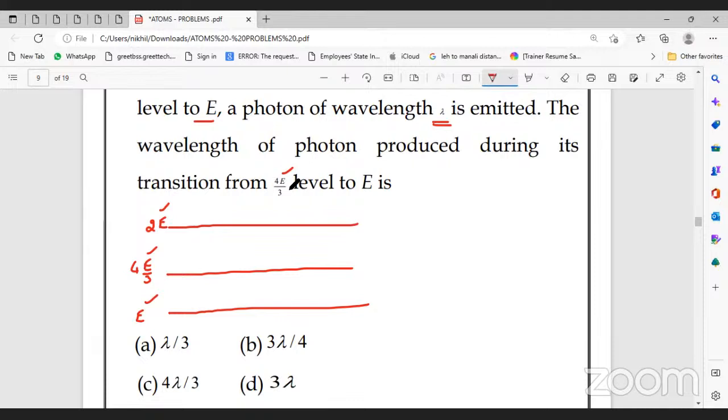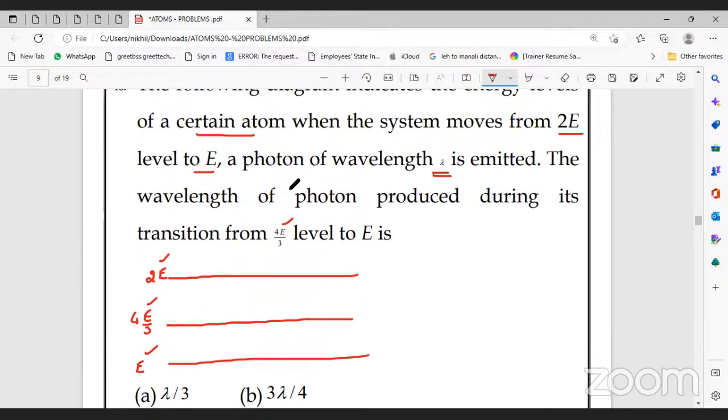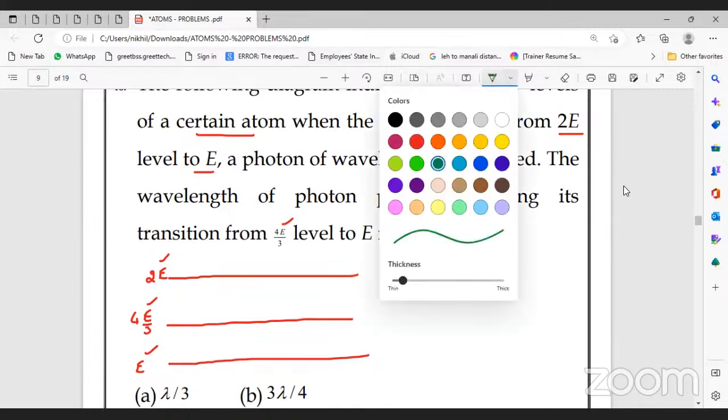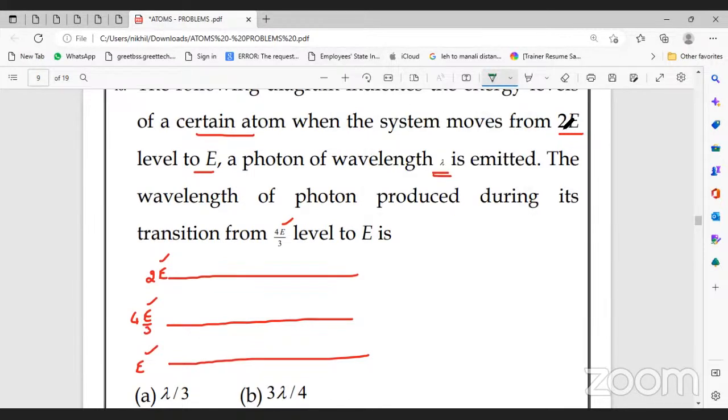Now, what is the other data they have given? They're telling that when the energy goes from 2E to E, the wavelength emitted is lambda.